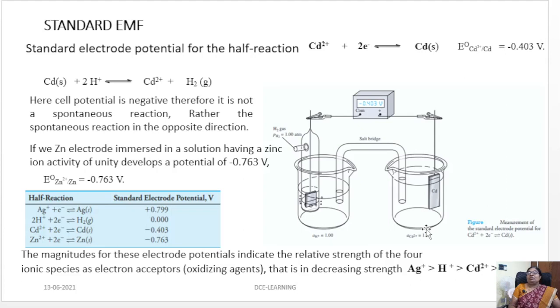The same thing happens if we replace cadmium with zinc. Zinc also has a lower reduction potential compared to cadmium.